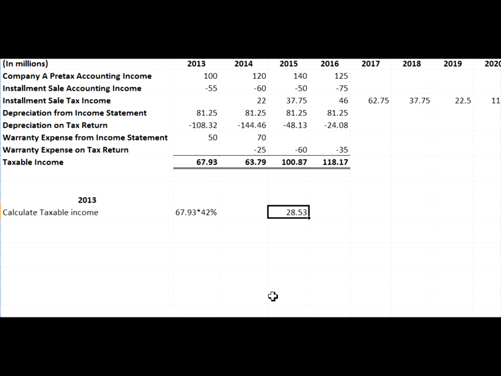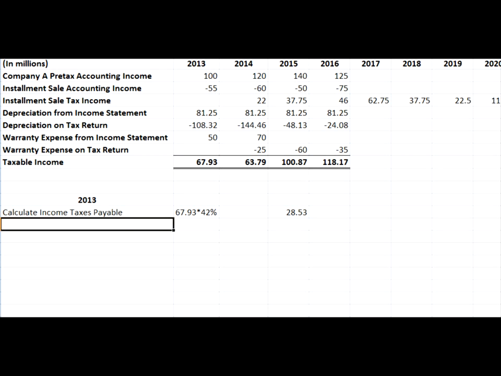I'm just going to use 2 decimals because we are doing this in millions. Next, we will, actually I need to put, where is the taxable income? This is income taxes payable. Okay, so we have our taxes payable.